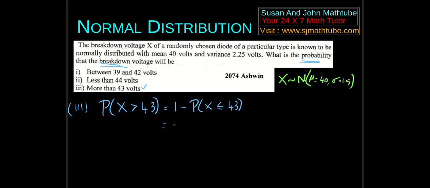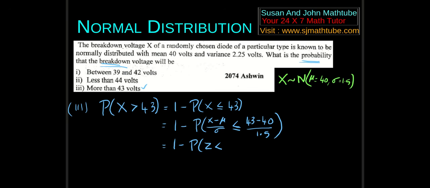And the next thing to do, standardize it. How do you standardize it? Just do minus mu by sigma. Now I'm going to substitute the values. Minus mu means 40 and sigma is 1.5. It's less than or equal to. So I'm going to get 1 minus probability of Z less than or equal to 2. Now that is equal to 1 minus capital F of 2. Look at this.